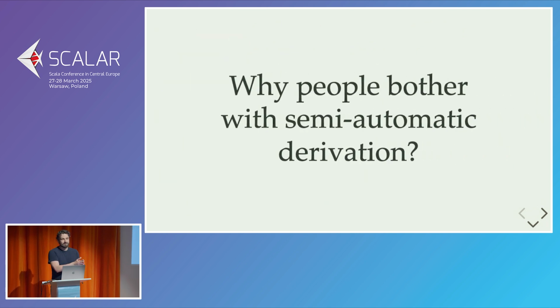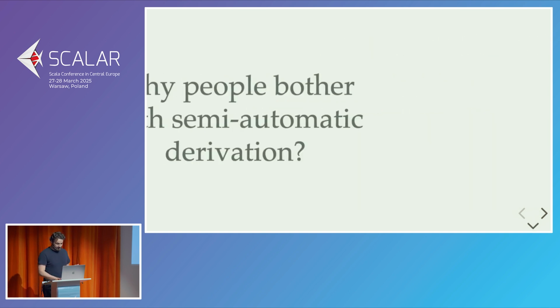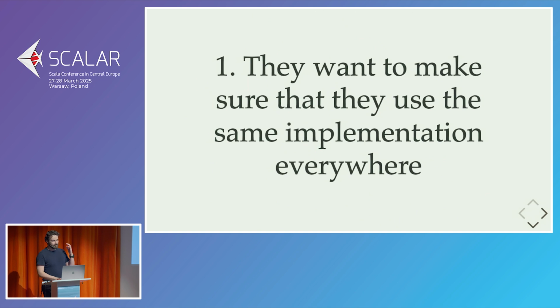Okay, so why do people even bother with this distinction between automatic and semi-automatic derivation? One of the reasons you might want to use semi-automatic derivation is that the best way to ensure that you have the same implementation used everywhere is simply putting it into a single value and then using this value everywhere. Then by design, you are using the same implementation everywhere.